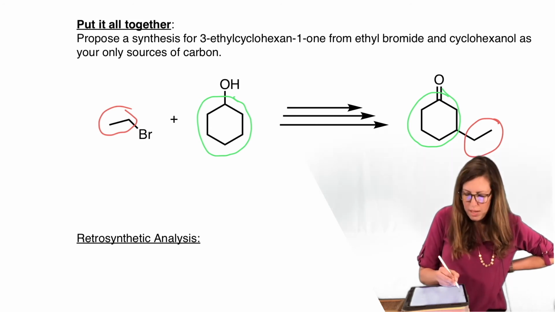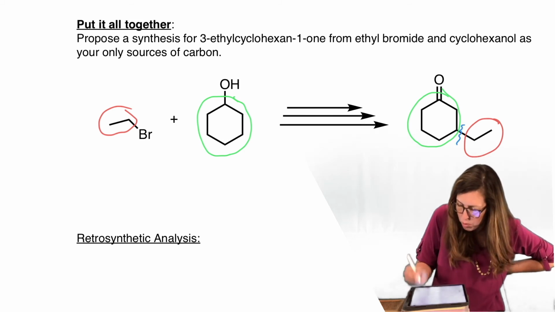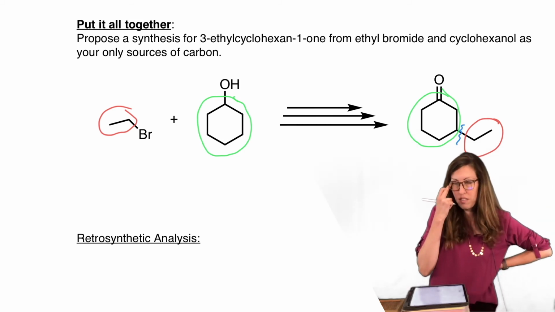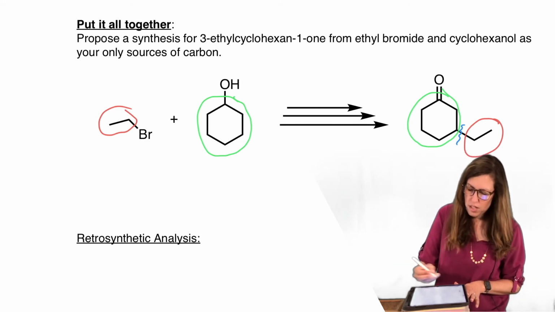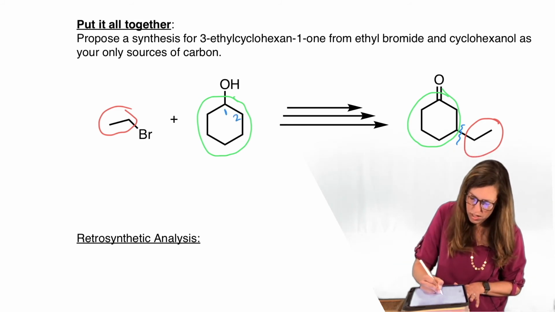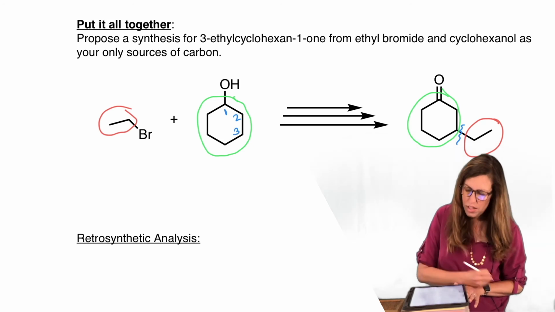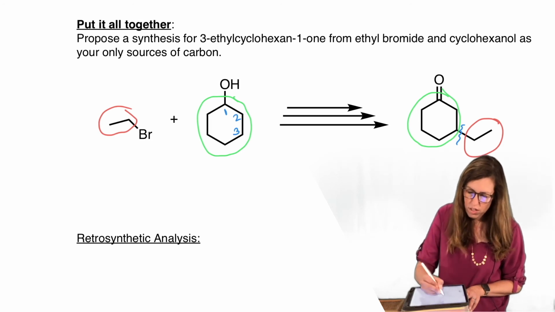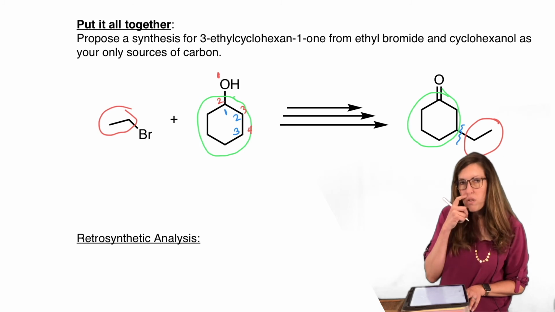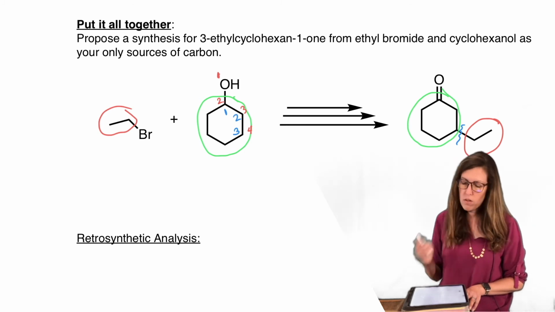All right, so that means I made a bond at some point here. That's a point of disconnection, right? And so let's number that. It's 3 carbons away from where the oxygen's attached. In fact, I can even number it starting with the oxygen and say 1, 2, 3, 4, and that's a 1-4 relationship. That's sometimes called a 1-4 addition.